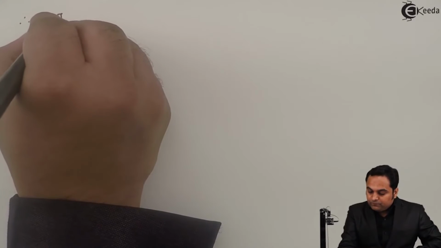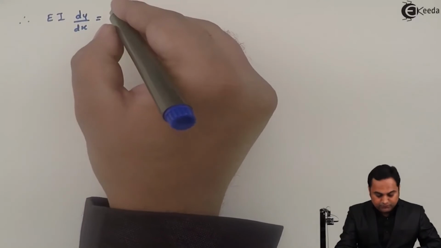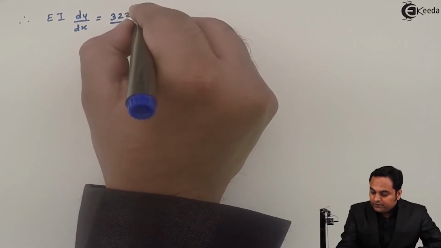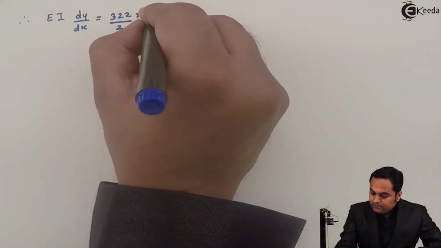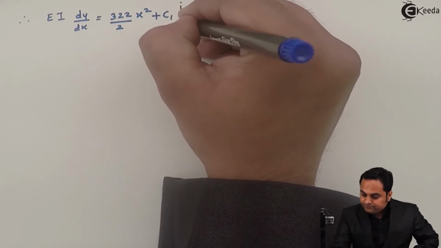So therefore EI dy by dx will be equal to 322 by 2 x square plus c1. Now this is the first term.